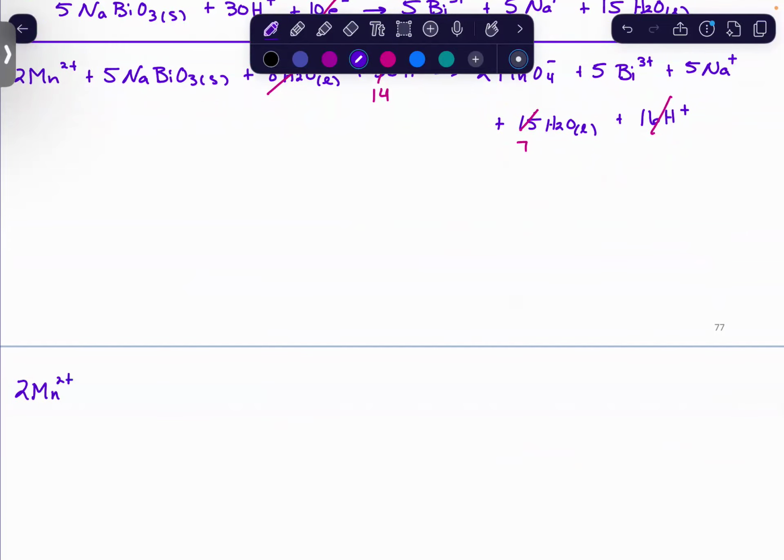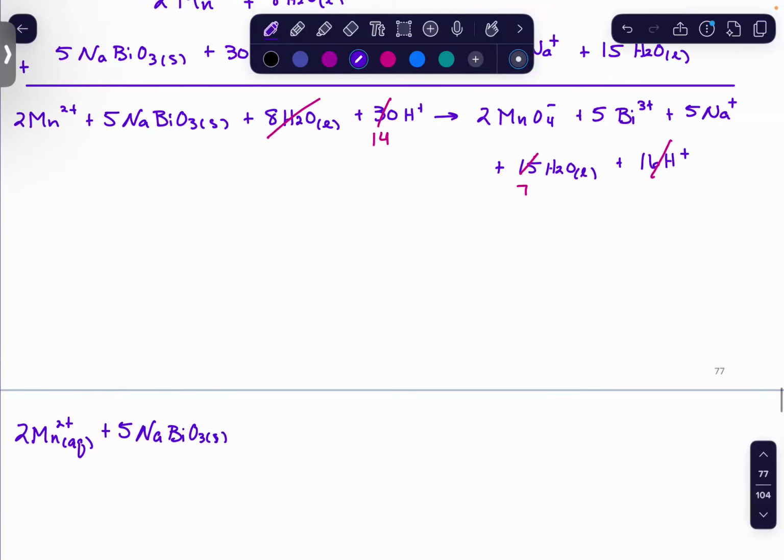And since it's the final answer, make sure your phases go back in. Plus 14 protons. These will be aqueous.